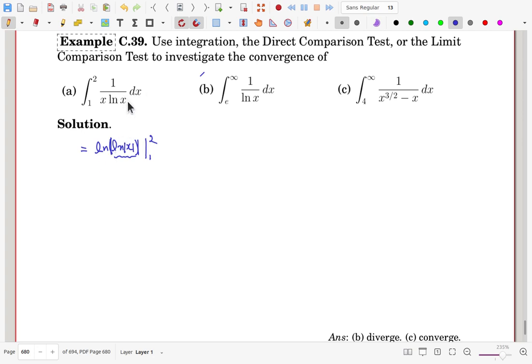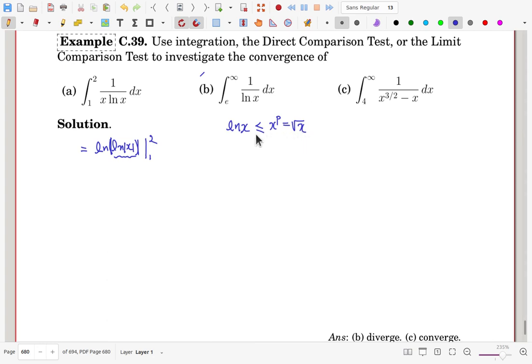Now for that one, part 2, from e to infinity, an infinite interval. We can see easily that logarithm of x is smaller than x to the p, for example, p is half, square root of x.